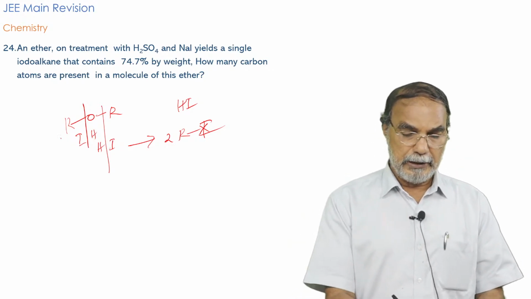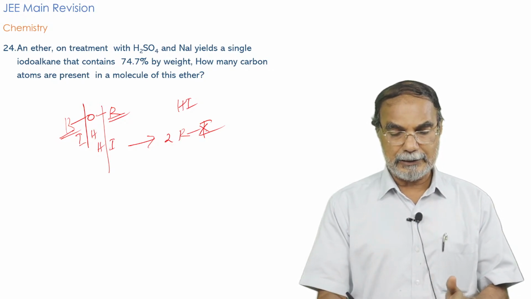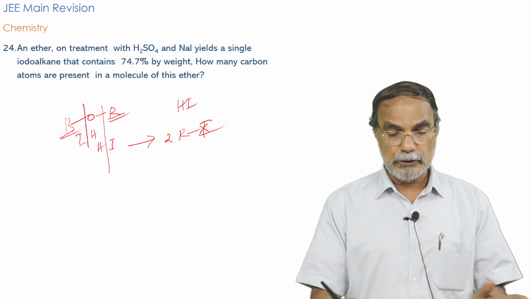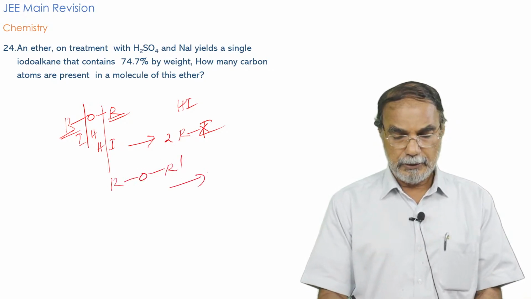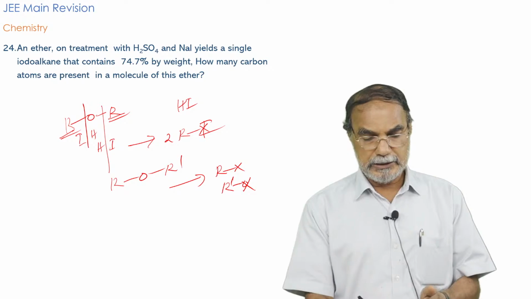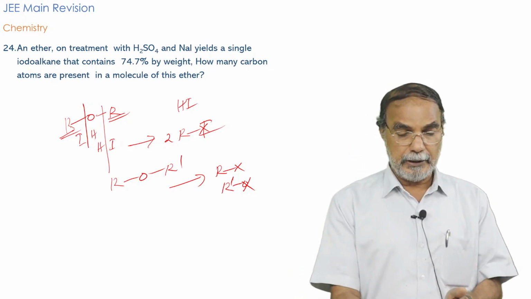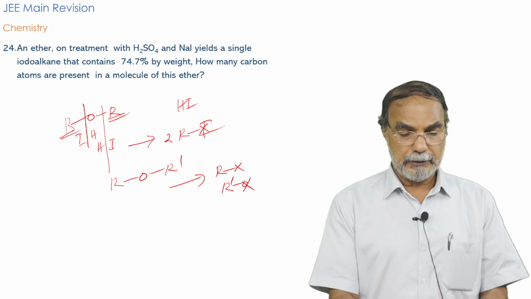That means these 2 alkyl groups are equivalent. Then only will you get a single alkyl halide, RX only. If it were ROR', you would get 1 molecule of RX and 1 molecule of R'X. So it would be a mixed ether. Now here you are getting only 1 alkyl halide, which means it is a simple ether. The alkyl groups are equivalent.